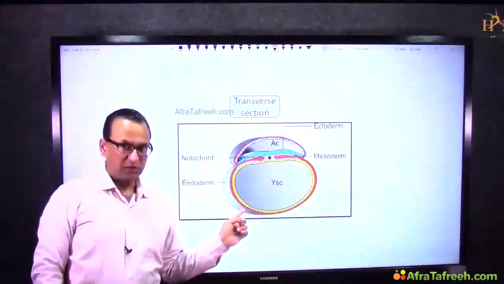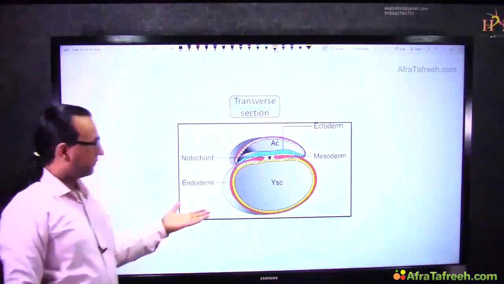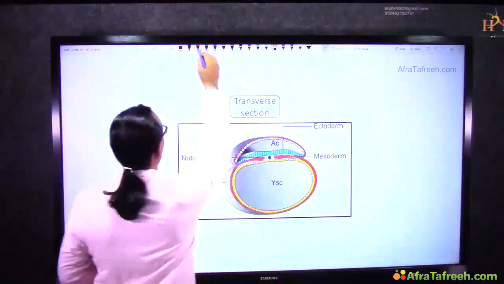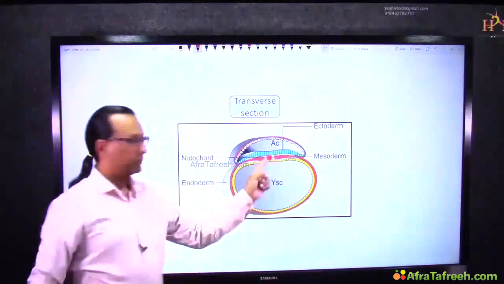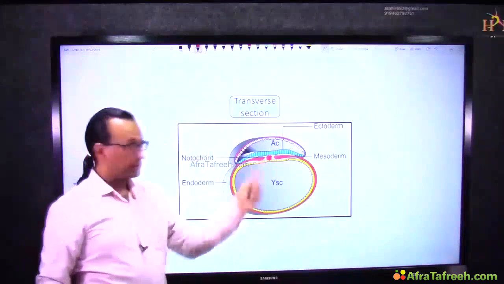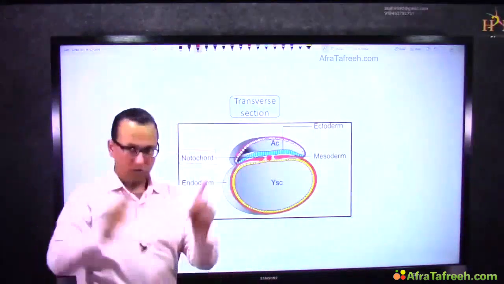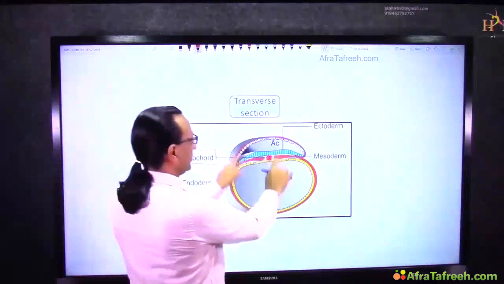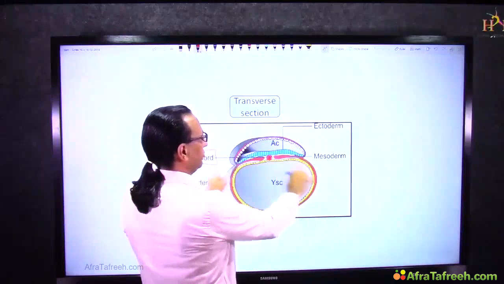This is the transverse section showing the embryo, and as we have already mentioned, there will be a notochord in the center, which is called axial mesoderm. Now if you say this is the notochord or axial mesoderm, on the side of that will be paraxial mesoderm, intermediate mesoderm, and lateral plate mesoderm.